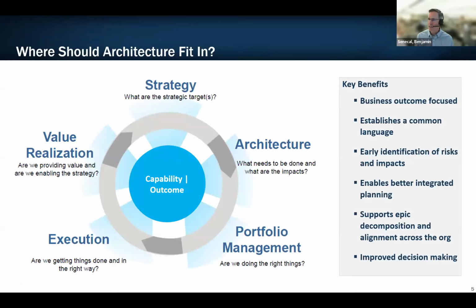I think with architecture, answering the question of what needs to be done and what the impacts are allows you to have early identification of risks and impacts and better integrated planning. It establishes a common language of value streams, business capabilities and outcomes so that you can connect the dots across it. And it supports epic decomposition and alignment across the organization.